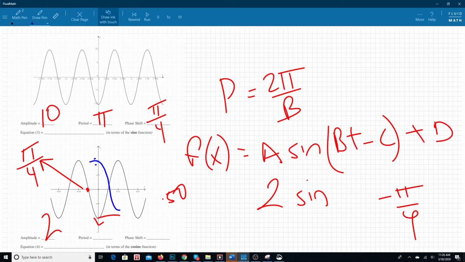It's not letting me draw it. That's half, essentially 0.5. It'll go up again like that. Needless to say, one full period or one full cosine curve would be pi itself.